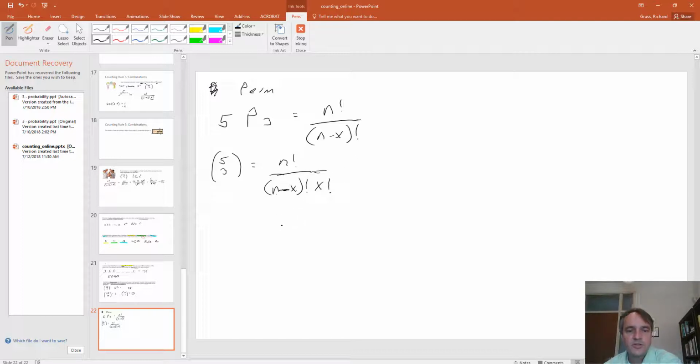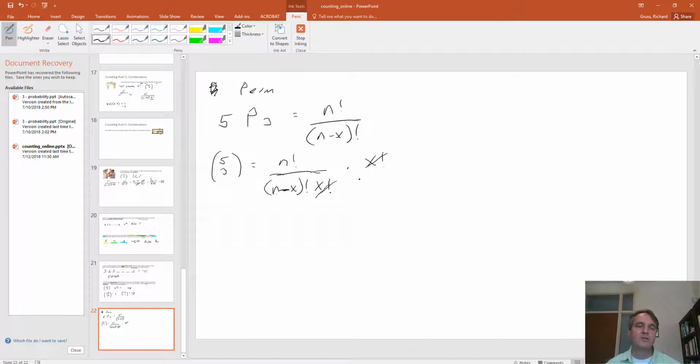Once we've chosen the 3 books that we have, then the next step is we have to rearrange them, right? So we've got the 3 books, and then we have to order them, right? And that is nothing more than x factorial, right? Or 3 factorial. So notice what happens here is we multiply this by this, and we see that these cancel.